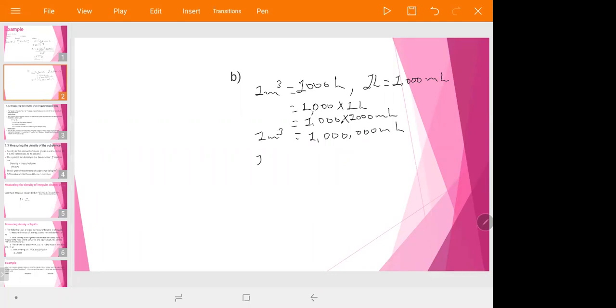Therefore, 1.75 meter cube, how many milliliters? We don't know. Let us multiply crisscross. What will you get from this equation? When you multiply, how many milliliters will you get?